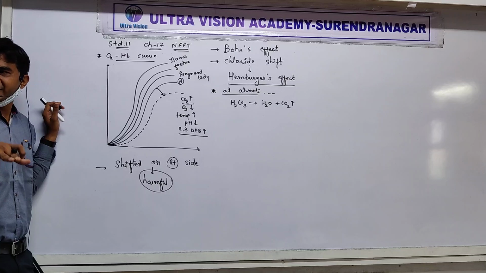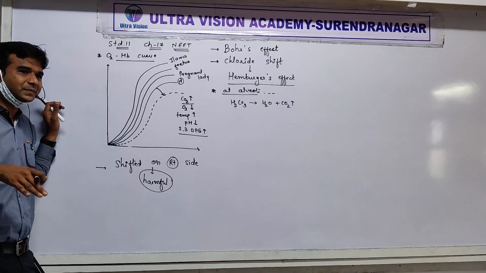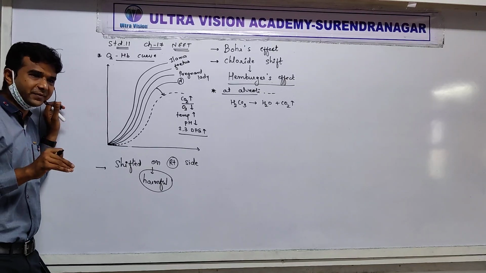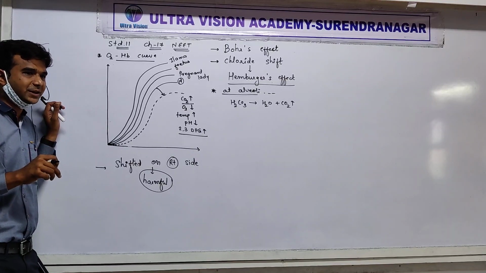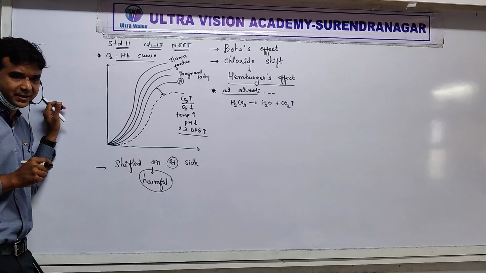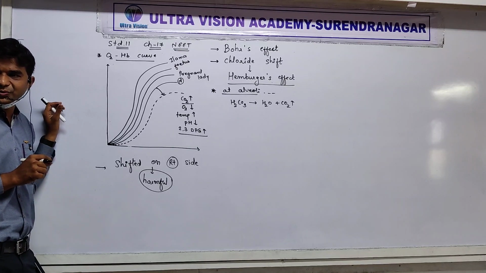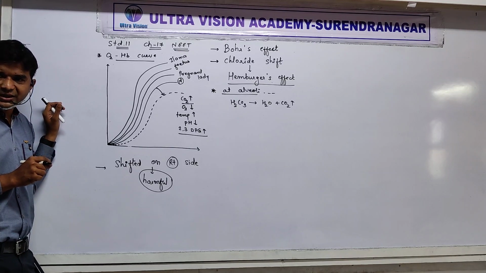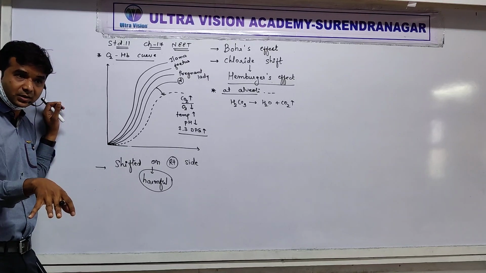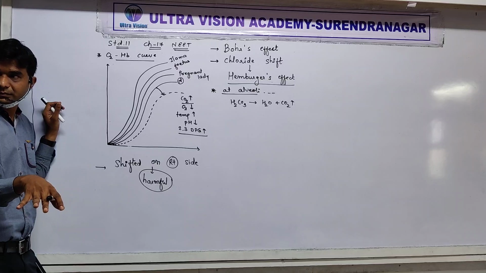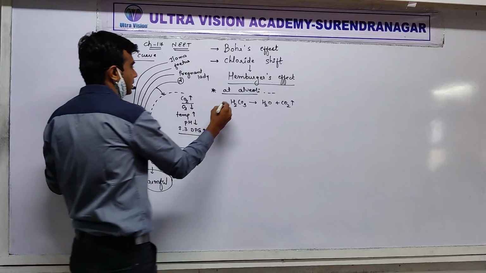But when carbon dioxide containing blood reaches the pulmonary level, the alveoli level, what happens? Right? If carbonic acid is present, it is dissociated into water and carbon dioxide. So carbon dioxide concentration is more here in the blood.